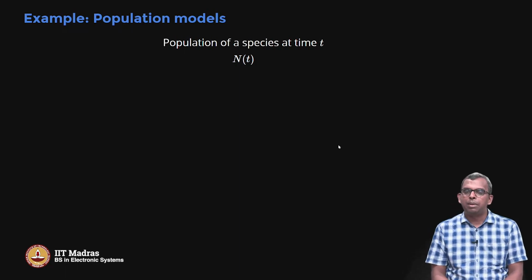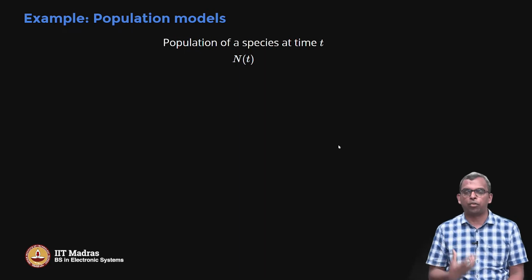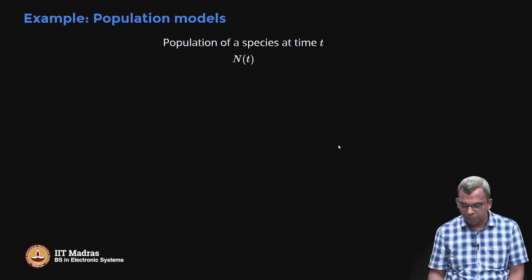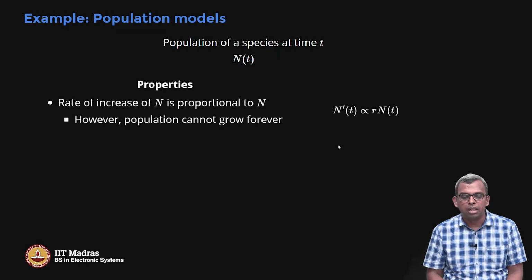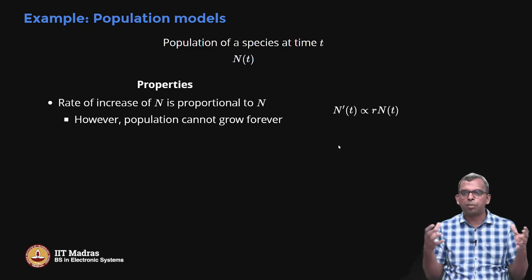Now I'll be interested in what n prime of t is, right? What is the growth rate of the species population? Is the growth rate positive, is it increasing? Or is the growth rate negative, is the population decreasing? Whatever it may be, it's very reasonable to assume that the growth of n is proportional to n itself. Why is it reasonable? Because how does a population grow?